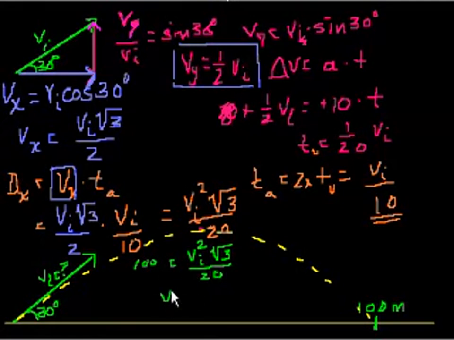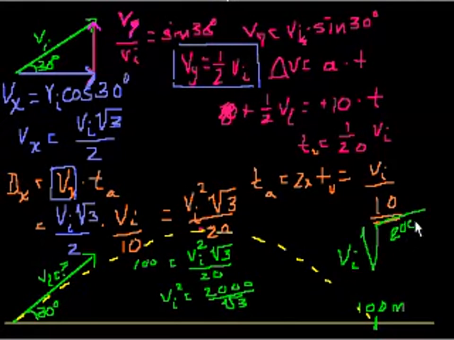So we get V sub I squared is equal to 20 times 100, which is 2,000, divided by the square root of 3. So it's 2,000 divided by the square root of 3. And so our initial velocity we need to shoot this thing at is going to be the square root of this. So initial velocity is going to be the square root of 2,000 divided by the square root of 3.